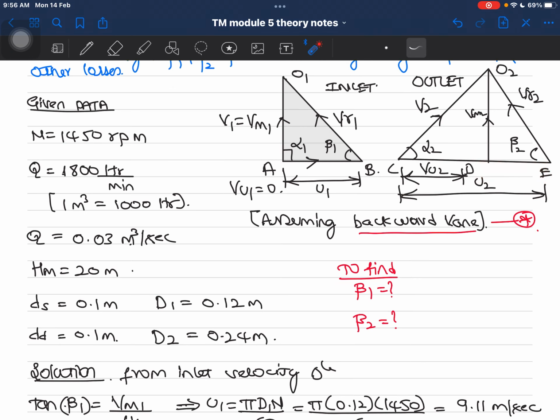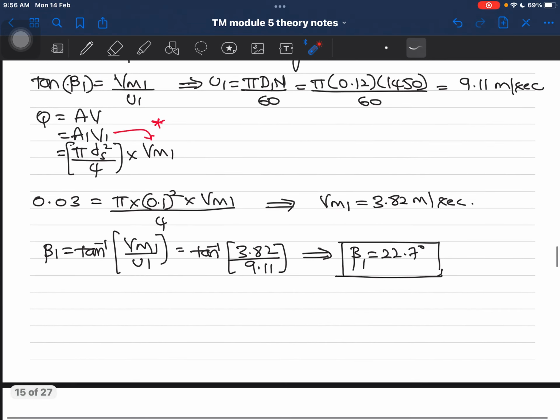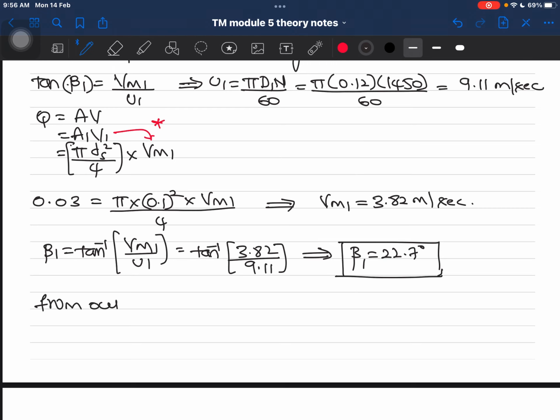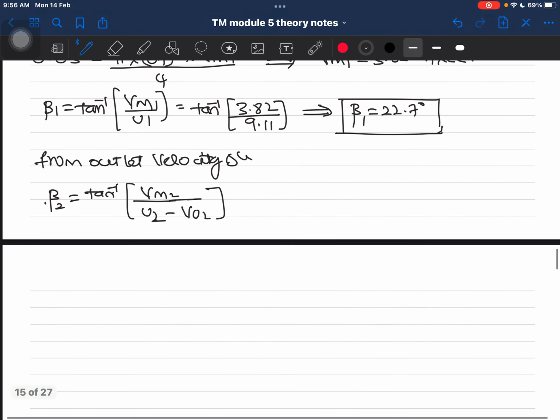It is U2 minus Vu2. From the outlet velocity triangle, beta 2 is equal to tan inverse of Vm2 divided by U2 minus Vu2.